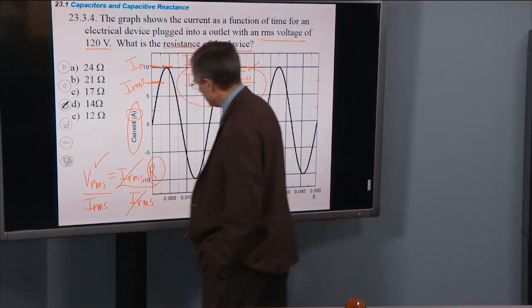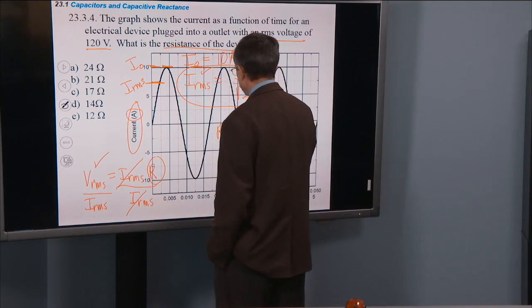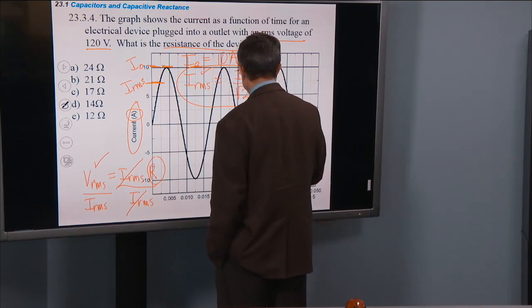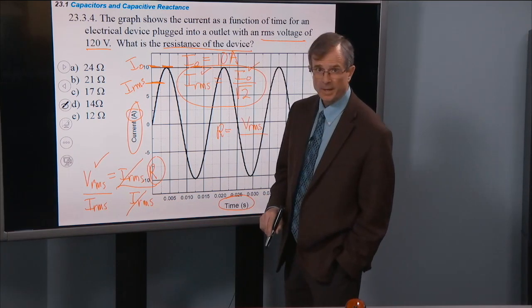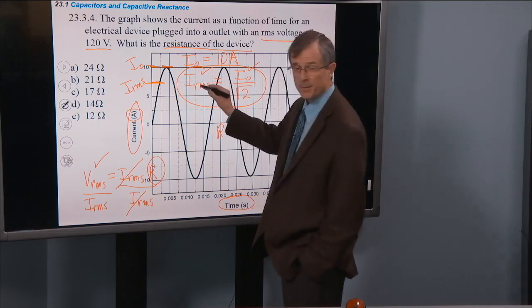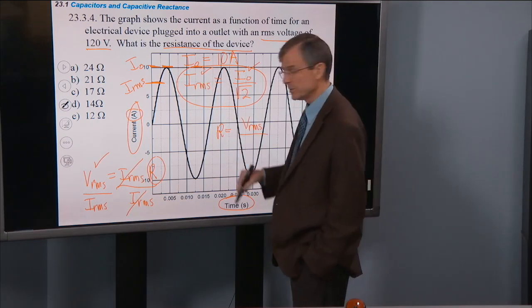These IRMS's cancel. We get that the resistance is VRMS divided by IRMS, but IRMS is I naught over the square root of 2.